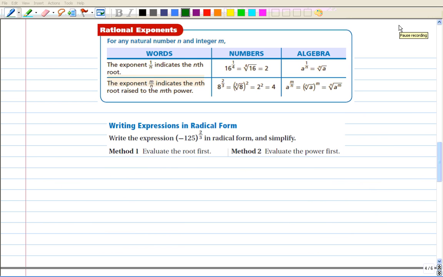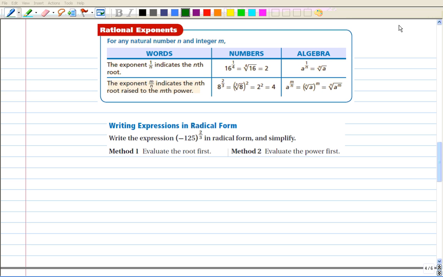Okay, now let's look at some rational exponents. A rational exponent is an exponent that can be expressed as m divided by n, where m and n are integers and n is not equal to 0. Radical expressions can be written by using rational exponents. So what we did a second ago, we can rewrite as a rational exponent, and let's look at how.